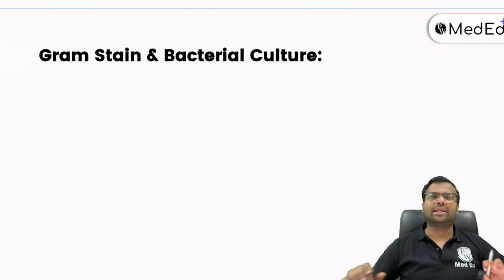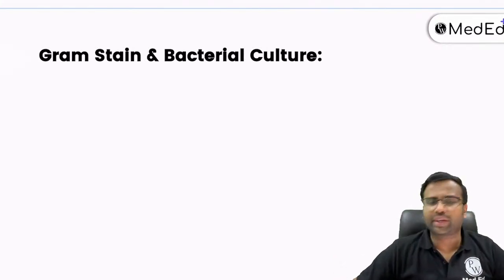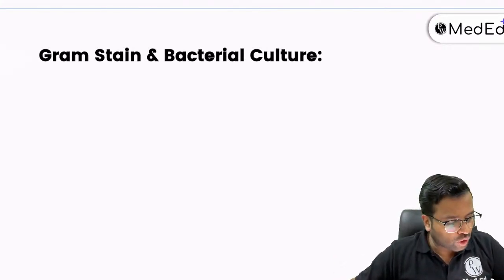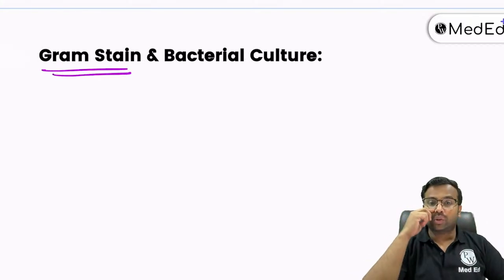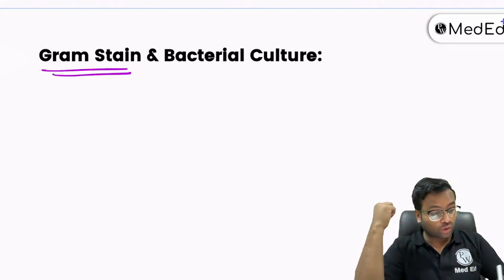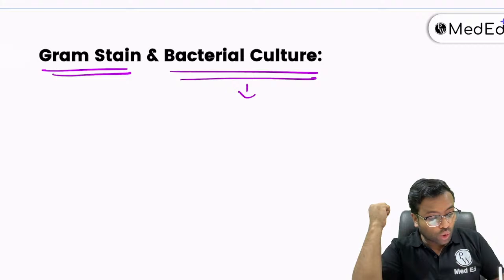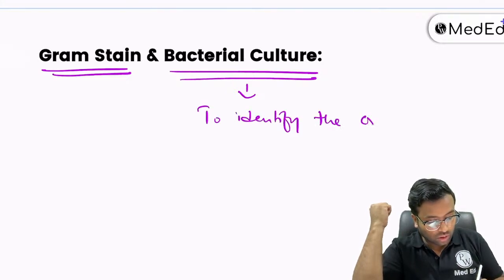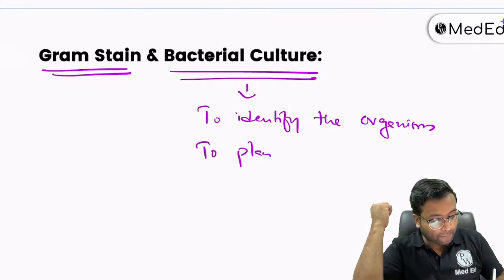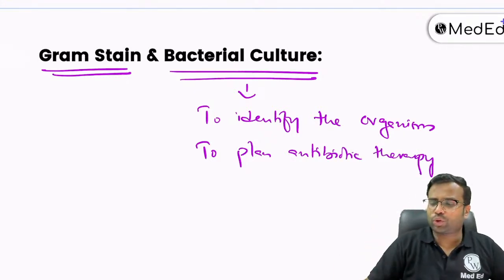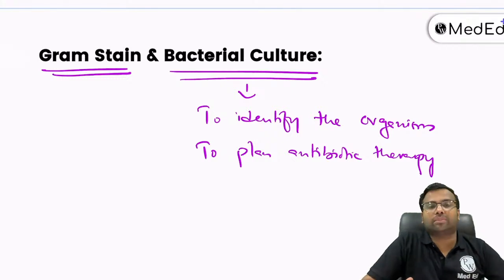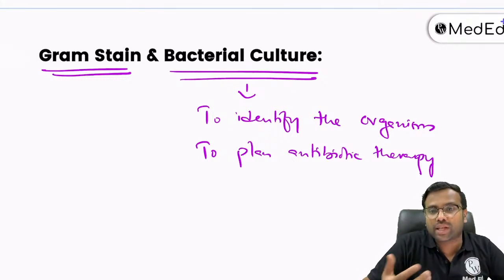Now coming to bacterial infections, what are the investigations that we can do? We can definitely go for a gram stain, isn't it? We can go for a gram stain. Also, we can go for a bacterial culture to identify the organism, as well as to plan antibiotic therapy, because we'll be able to understand to which antibiotic this organism would be more sensitive, isn't it?